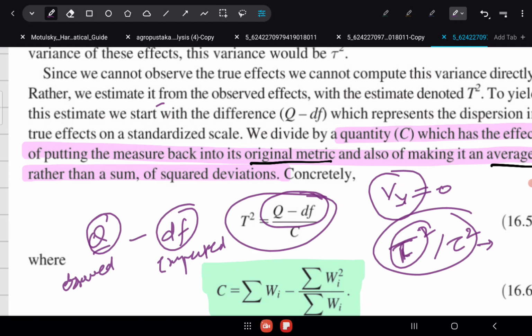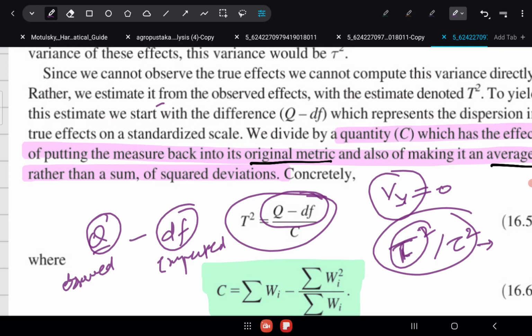Because I have discussed this concept that whatever excess dispersion is there, the excess dispersion in Q more than df, that would be taken as the true dispersion, or the heterogeneity basically.